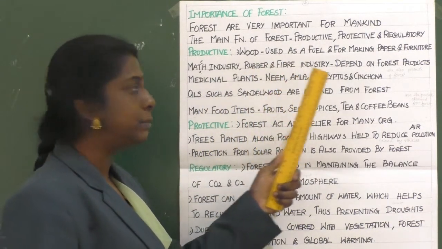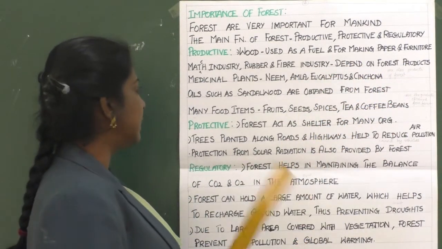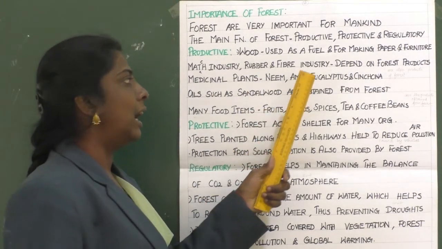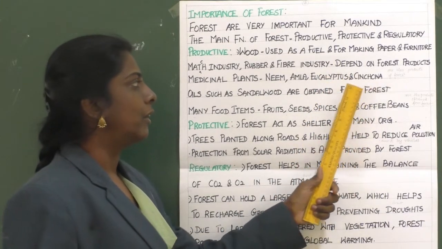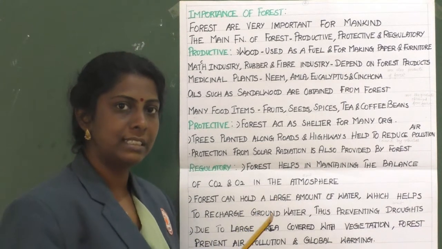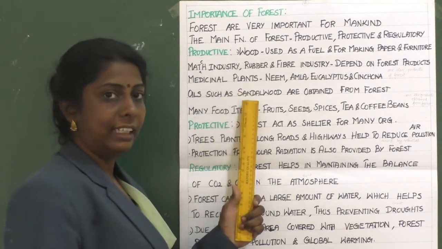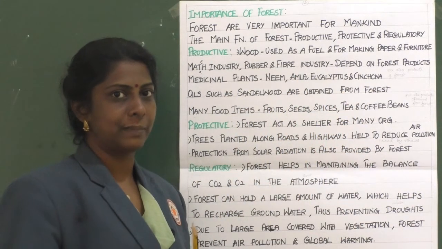All these things depend on forest products, is it not? Yes. Then medicinal plants like neem, amla, eucalyptus and cinchona. All these things are products of forest, isn't it? Yes. Oils such as sandalwood are obtained from forest.